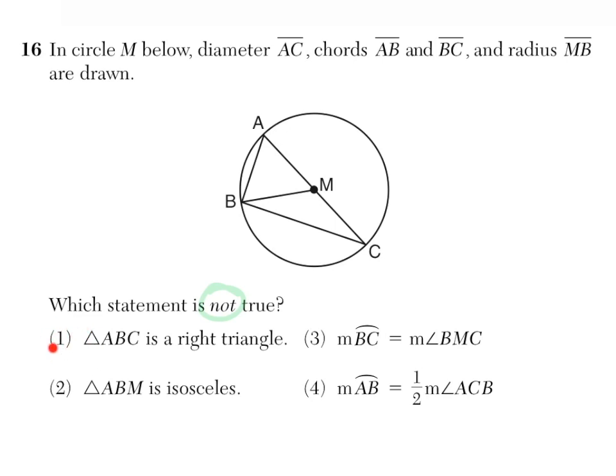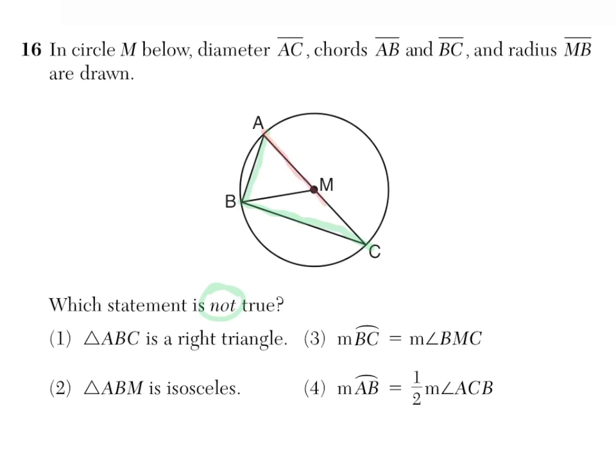Let's start with option 1, and it says triangle ABC is a right triangle. Well, it kind of looks like one if we're just eyeballing it, but that's not enough. What I do know is that we've got an inscribed angle right here, ABC, and I also know that it intercepts this diameter, right?